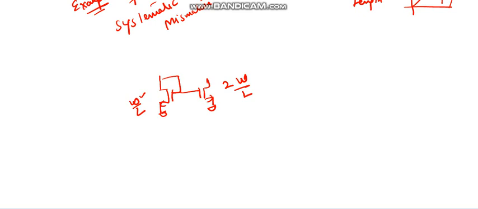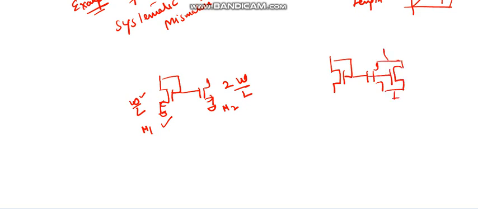So you should take the number of fingers or number of devices 2 times that of M1. This is M1, this is M2. So you should take 2 devices actually, not a single device like this. Otherwise there will be a mismatch. So this is IREF, this is 2 IREF here. So this is the correct way. This will give mismatch.